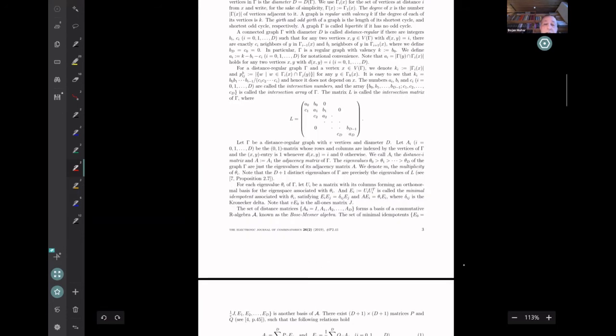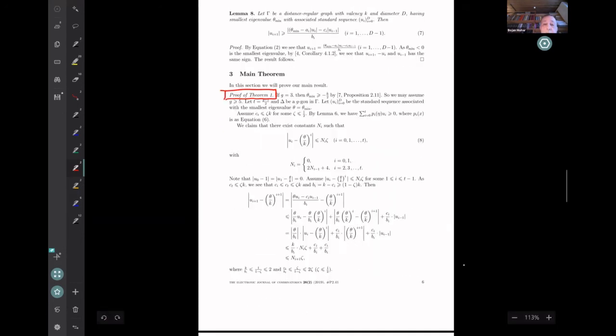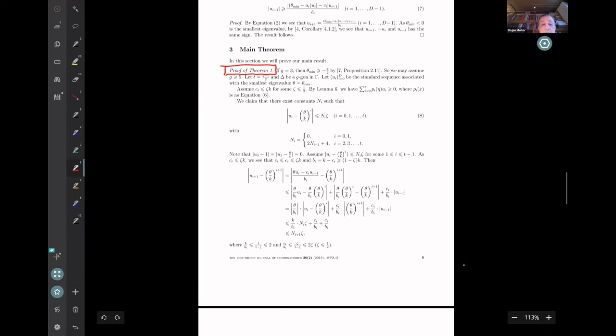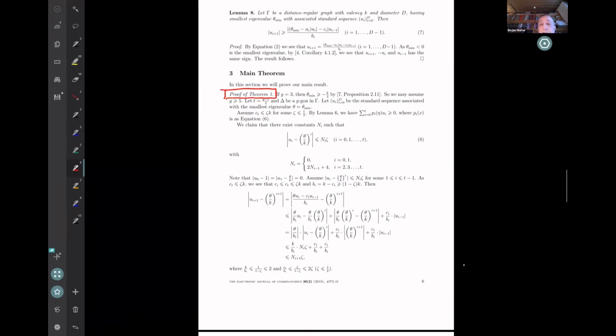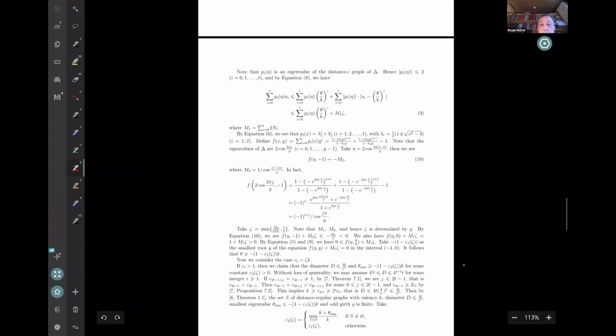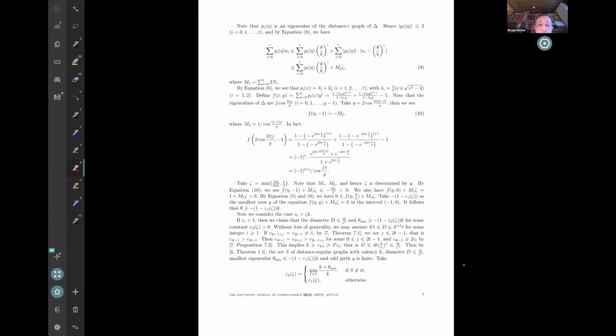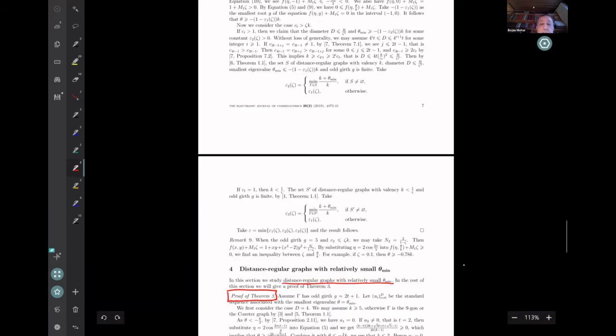So here you can see the proof of theorem 1 takes almost 2-3 pages, and it takes a lot of ingredients from algebraic graph theory. So all these parameters of distance regular graphs, certain algebraic properties, the Terwilliger algebras, and so on.